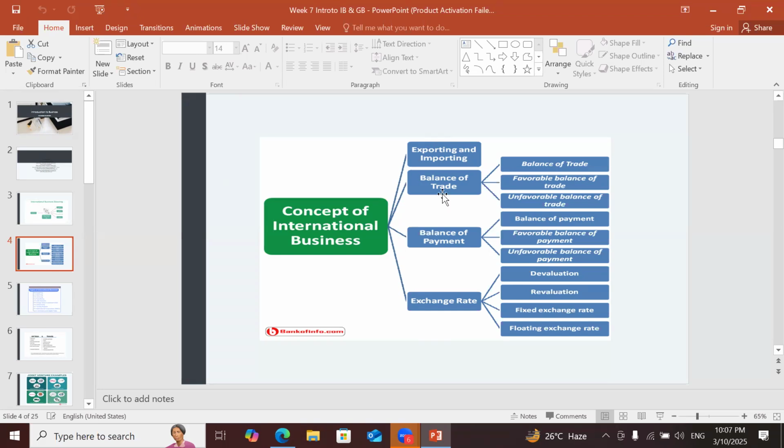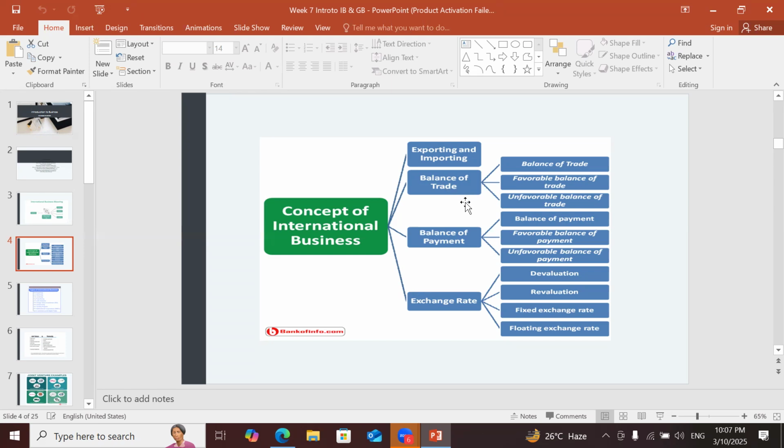Export and import relate to bringing our needed product or services from abroad, and on the other side we sell or export to other countries, depending on demand. To meet the demand, we export and sometimes import. This is the import export business with other countries.